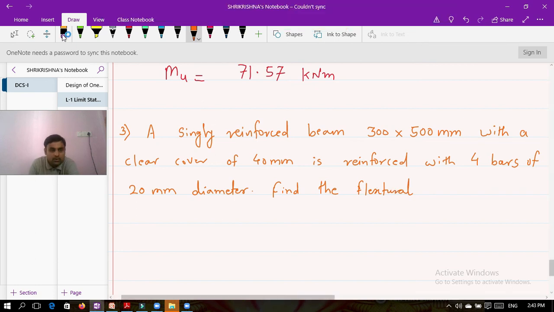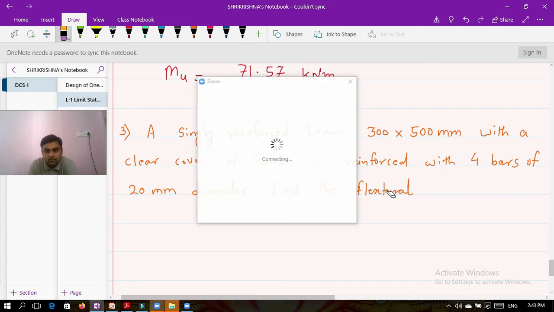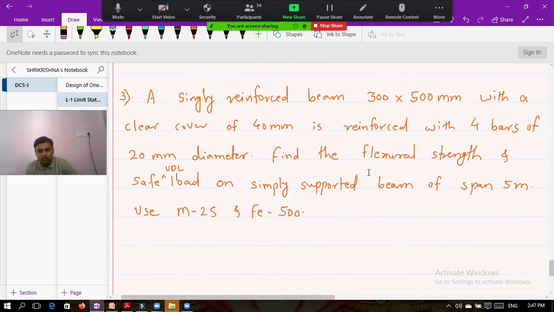Okay, just a moment. First, you need to calculate the XU, and for that, you need to calculate the area of steel first. I will write here the given data first. So B is equal to what?